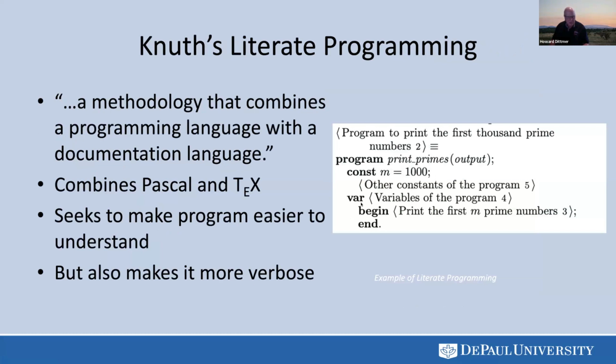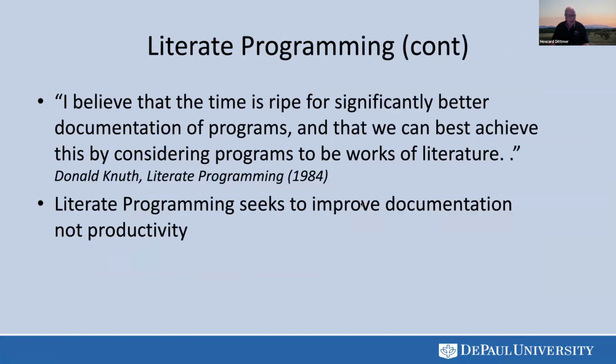The other example that people frequently refer to is literate programming, and it combines programming language with documentation, which in fact makes it more verbose, makes programs longer, and in fact really was not intended to improve productivity, but to improve documentation. So trying to achieve something different than what we are.